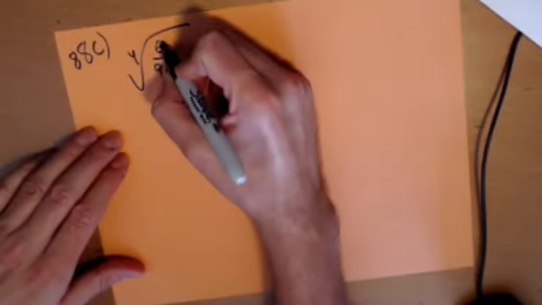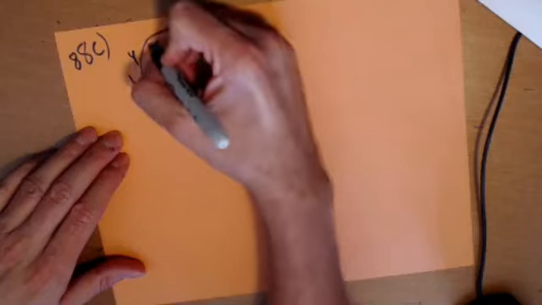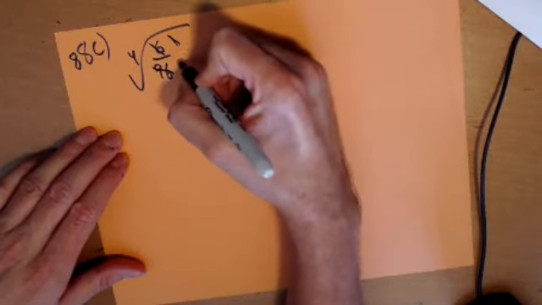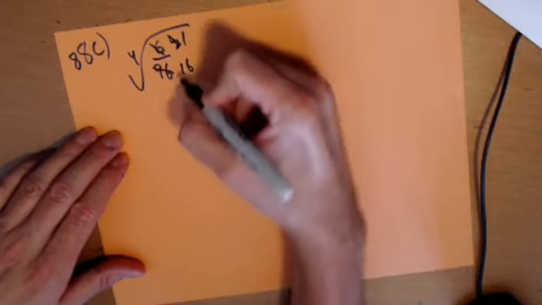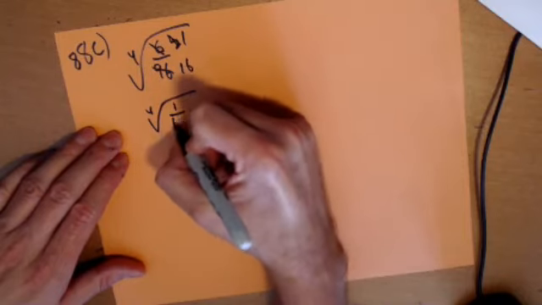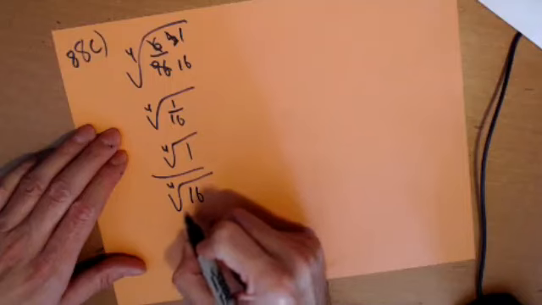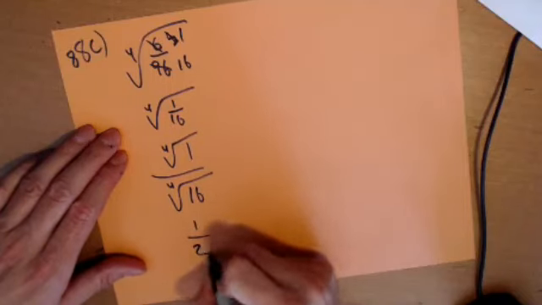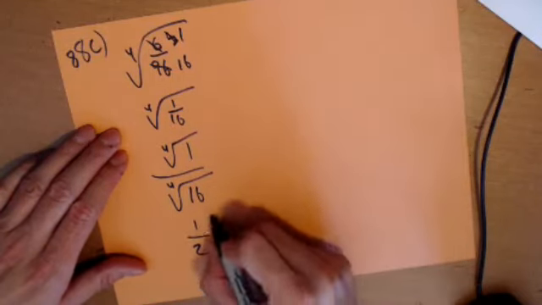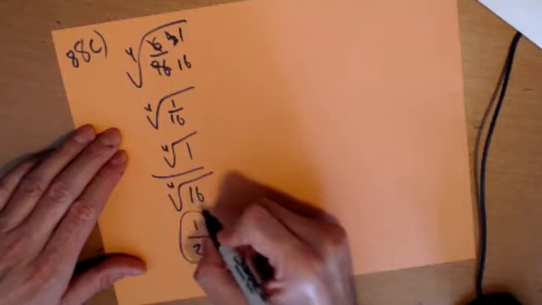Okay. So 6 goes in here once, and 6 goes in here 16 times. So this is just the fourth root of 1 over 16, which is the fourth root of 1 over the fourth root of 16. Fourth root of 1 is 1. Fourth root of 16 is 2. 2 times 2 times 2 times 2 is 16.